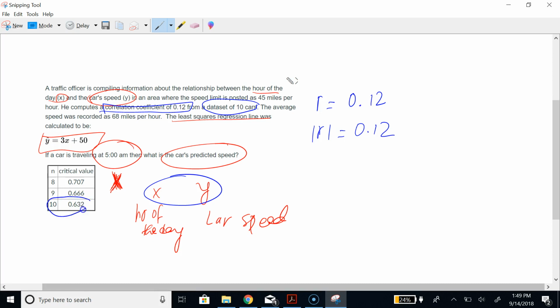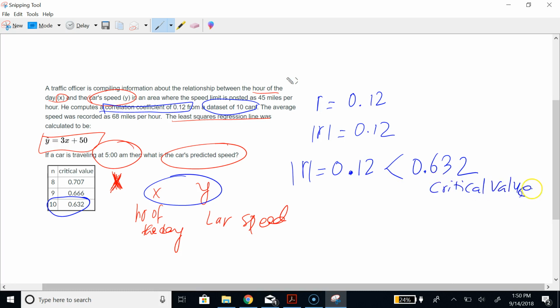Therefore, for n equals 10, the critical value is going to be 0.632, which is bigger than the absolute value of r, 0.12. Since the absolute value of r is less than the critical value, there is no relationship between the variables, no relationship between x and y.